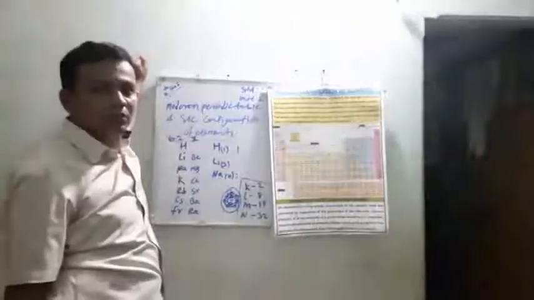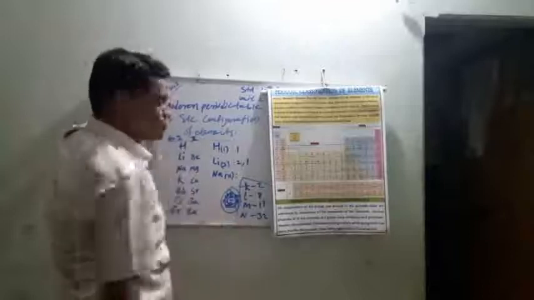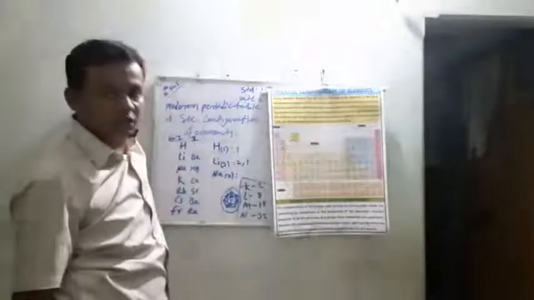Now lithium has atomic number 3. So the first shell contains 2 electrons, because its capacity is 2 electrons, and the next shell contains 1 electron. Now the next one is sodium, having atomic number 11.